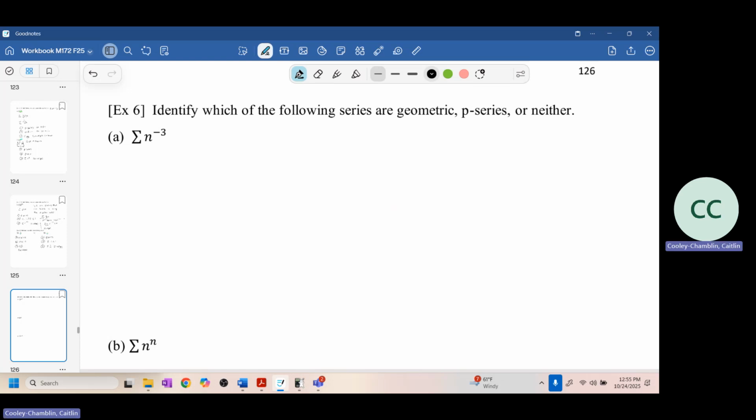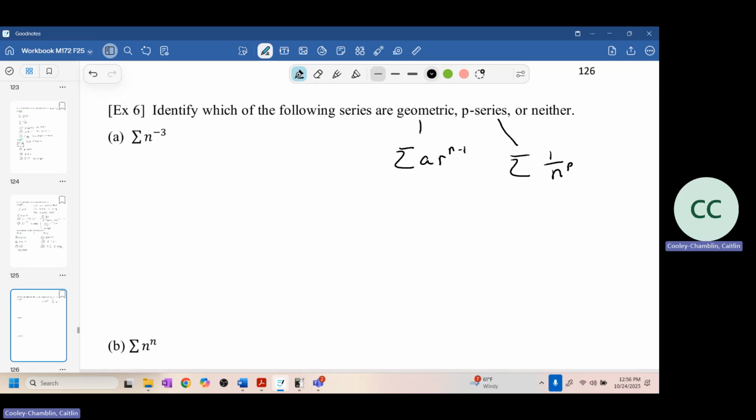So it says identify whether the following are geometric, P series, or neither. So let's remember, geometric looks like the summation of a r to the n minus 1. P series looks like the summation of 1 over n to the p.